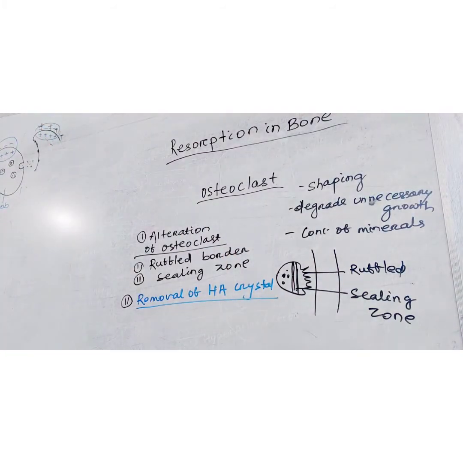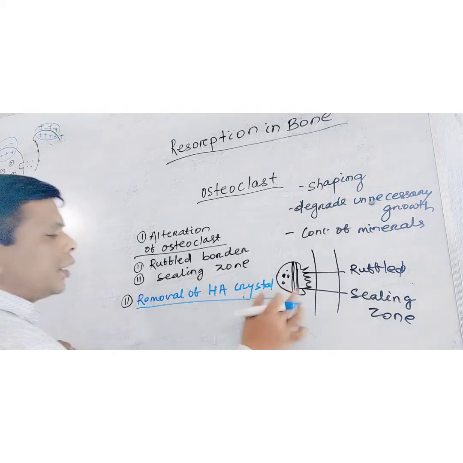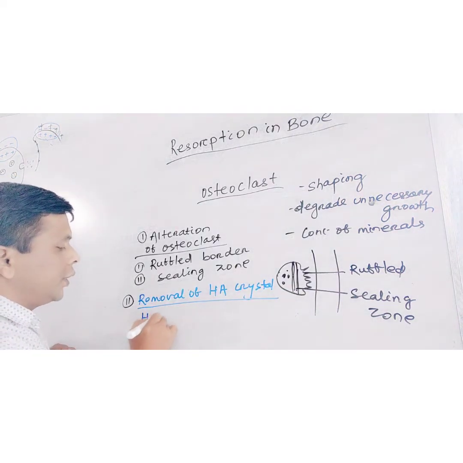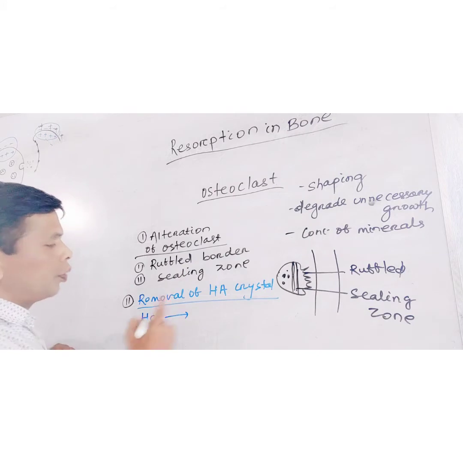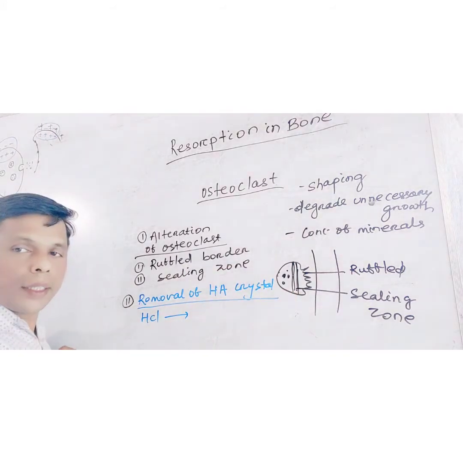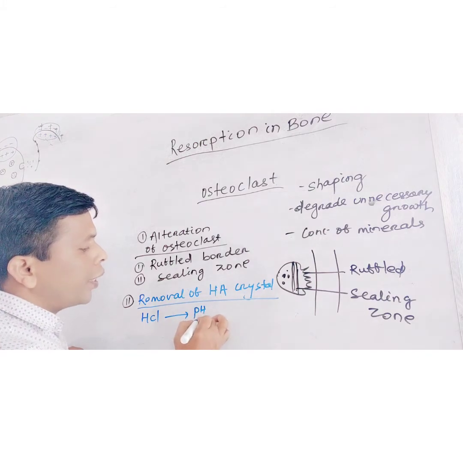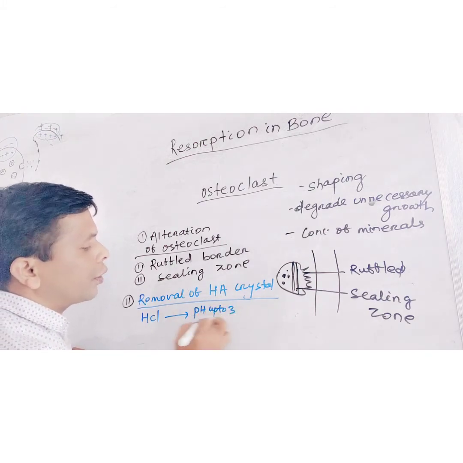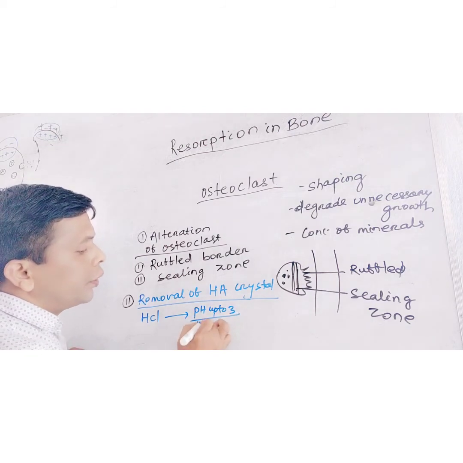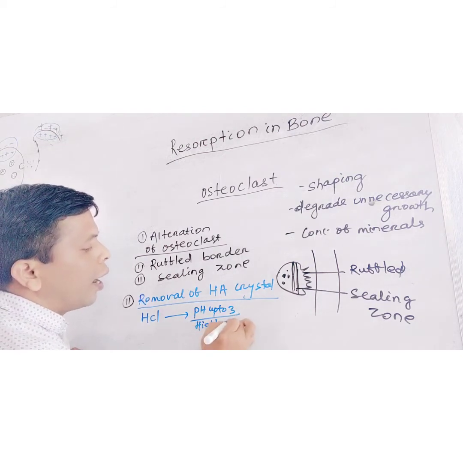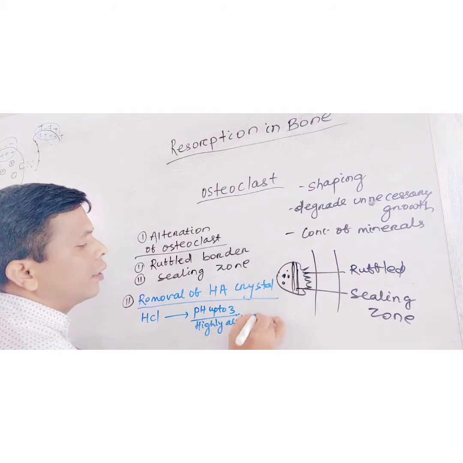How is it removed? After the change of shape, HCl is produced from the osteoclast cell. The HCl changes the pH down to 3. So the medium becomes highly acidic.